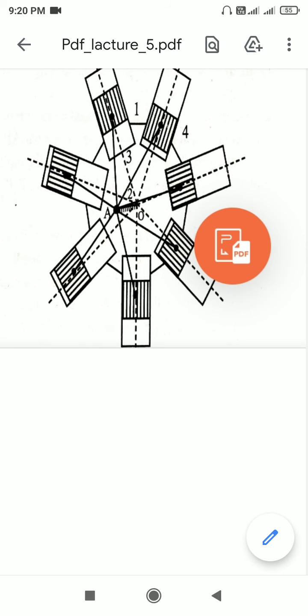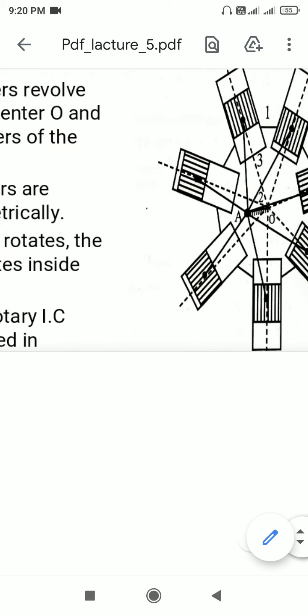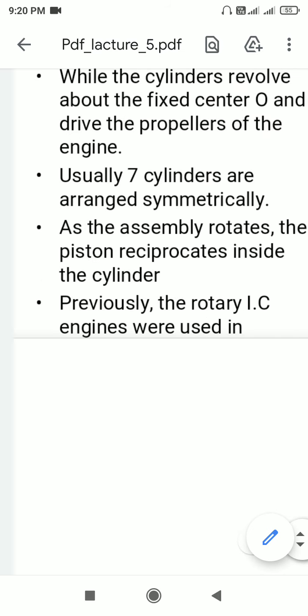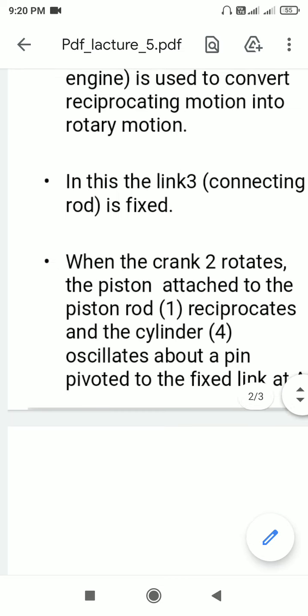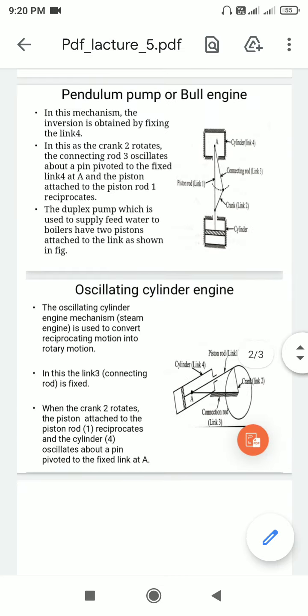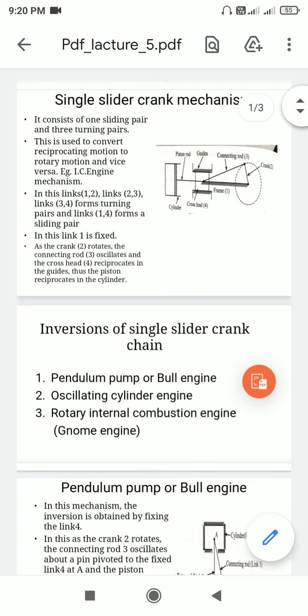That means more power or more energy comes out, which is used to run the gas turbines, and this arrangement was also used in rotary internal combustion engines in aircraft. So these are the 3 important inversions of the single slider crank chain.